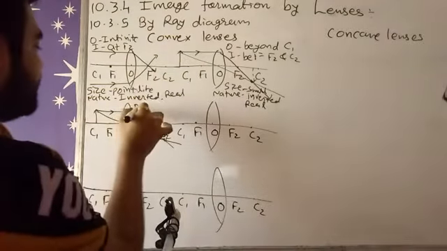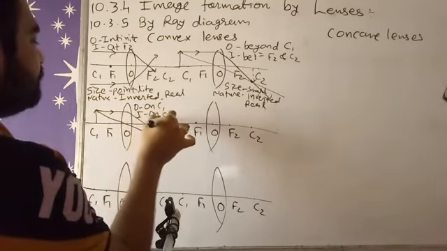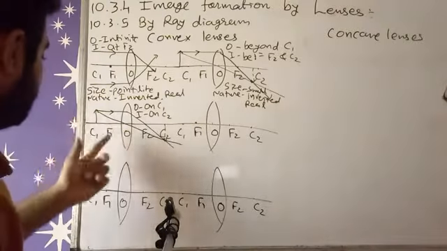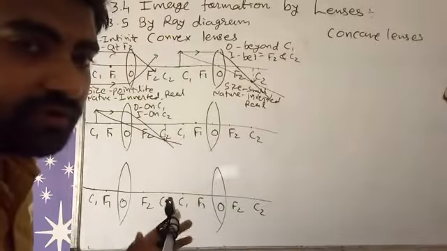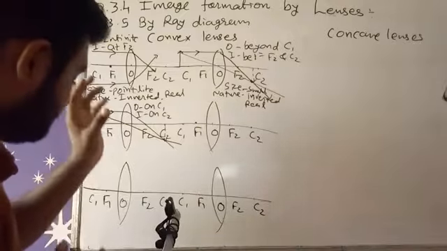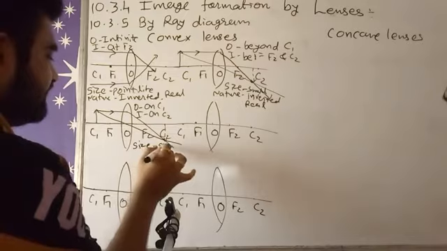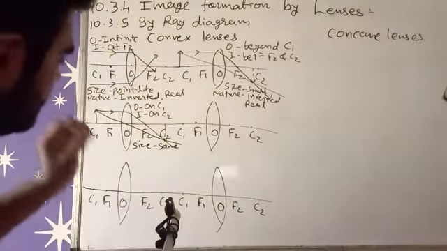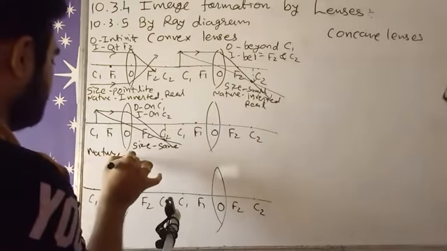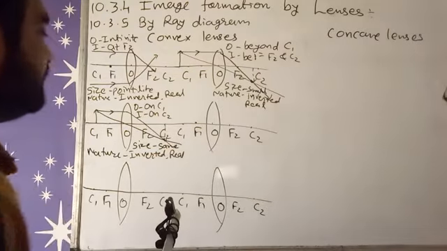So the object is on C1 and the image is on C2, the second center of curvature. The object and image have the same size, and the nature is inverted and real, right?